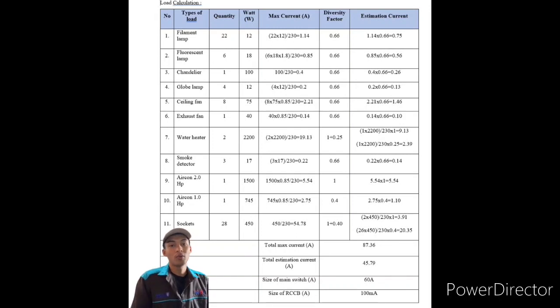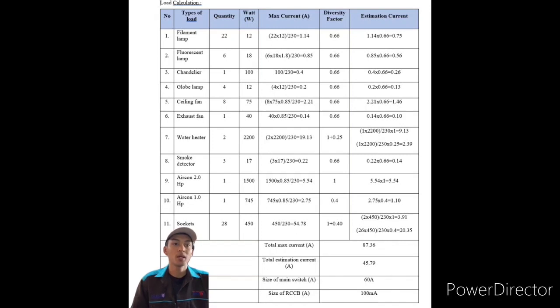On to the following, the aircon. We have 2 aircons, one 2.0 horsepower aircon and another one 1.0 horsepower aircon. For the 2.0 horsepower aircon, quantity one, with an estimated wattage of 1500, the max current calculation is 1,500 watt multiplied with 0.85 power factor divided by 230 for the current from the main supply, and we get 5.54 ampere.